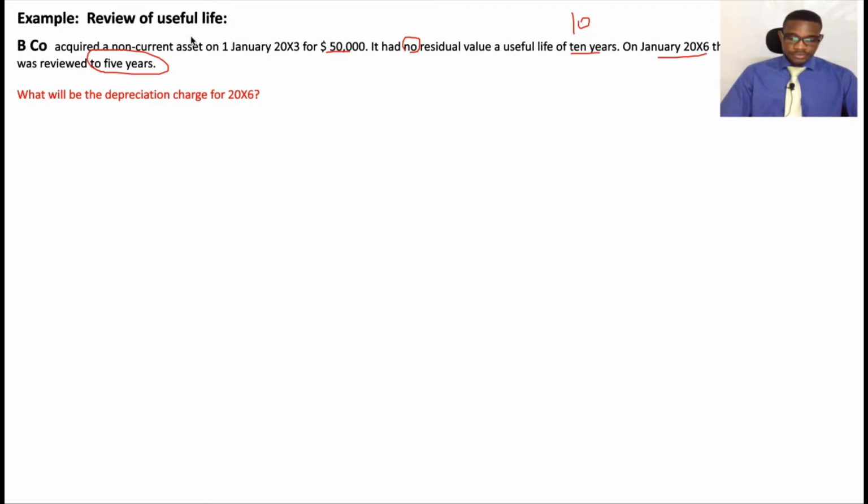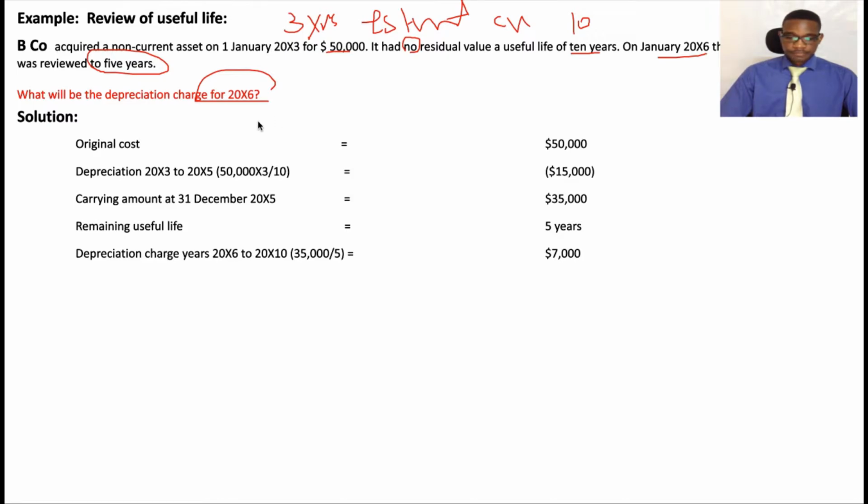So after 3 years, the estimate was changed. What will be the depreciation charge for 20X6? Well, the solution: the original cost was 50,000.